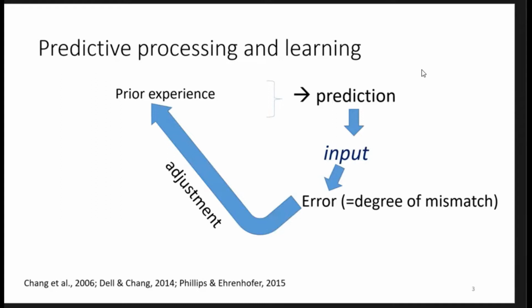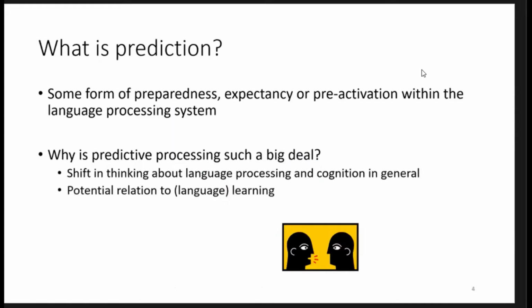So it's a circle. So what is prediction? There are multiple different definitions. For the purpose of this talk, it is not really critical, but I really like the idea of some form of pre-activation, and I'll use that later in the talk as well when I'm trying to model a little bit.